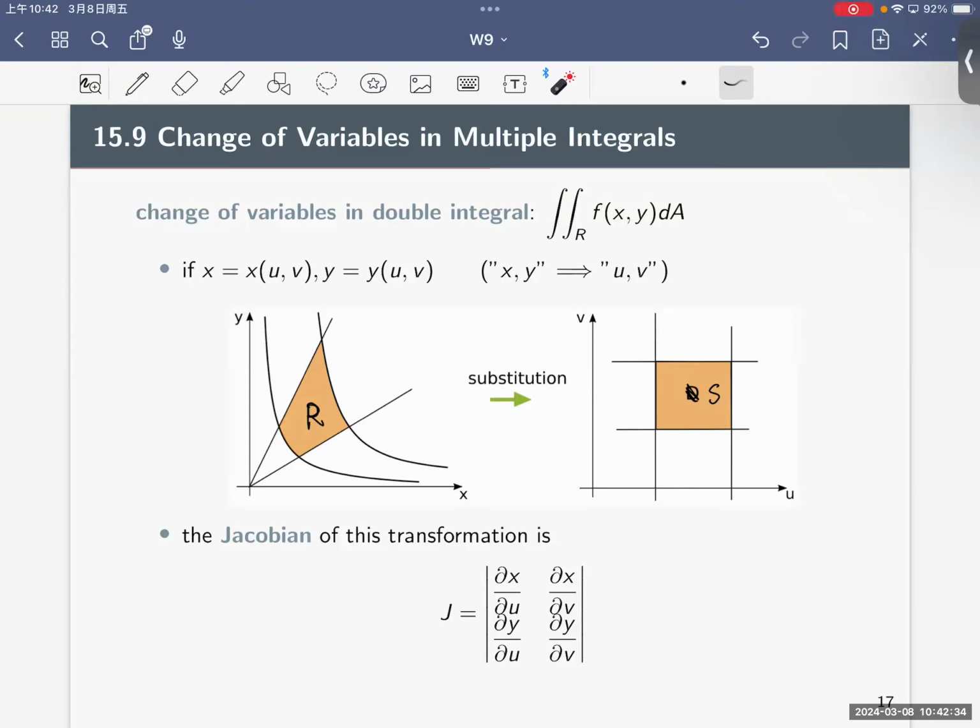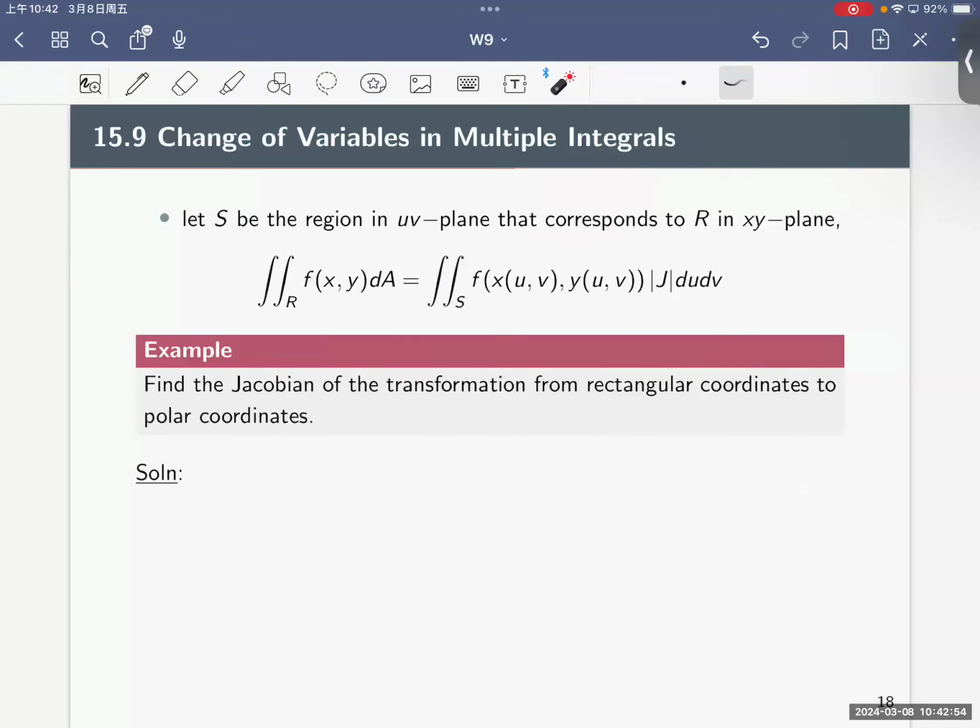So you see, x is a function of u, v, y is a function of u, v. Put the partial derivatives of x with respect to u and v in the first row. Put the partial derivatives of y with respect to u and v in the second row, and they will give you the Jacobian. So now, after we have all these, the original double integral in xy becomes a double integral in uv.